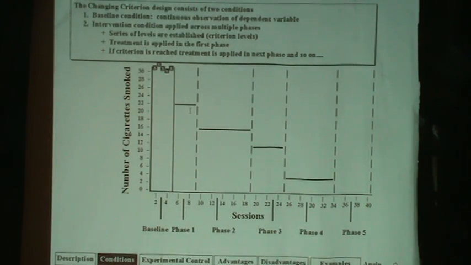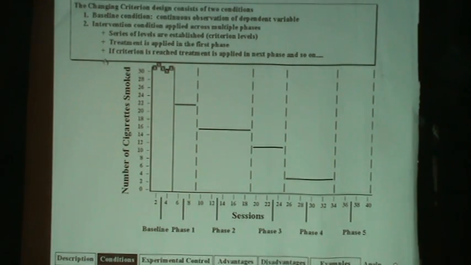And if you're successful, then we're going to drop the criterion down to 16 cigarettes. And if you're successful, then we're going to drop the criterion down to 12 cigarettes. And if you're successful, then we're going to drop it down to 4 and then to none. So the researcher subjectively defines criterion levels.